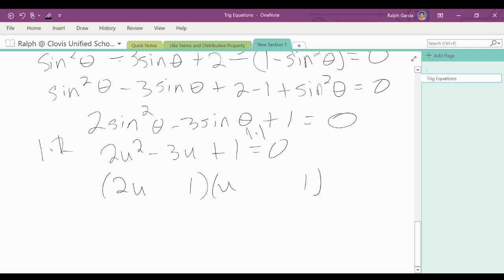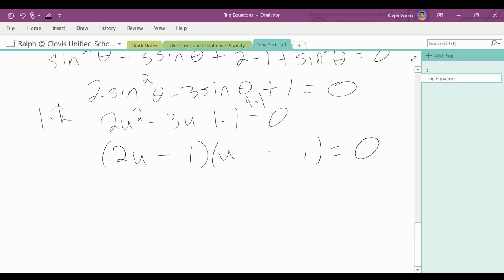So it's got to be a 1, but they come out to a negative, right? They add to a negative and multiply to positive, so that's only true when they're both negative. Okay. Then I can set those equal to 0. It's going to be u equals a half and u equals 1.